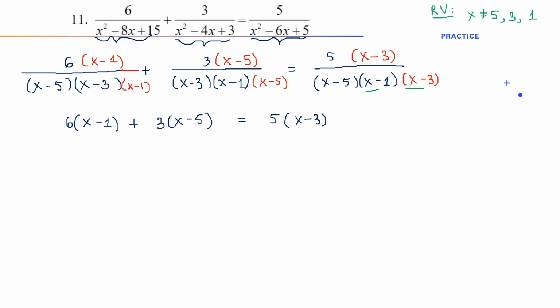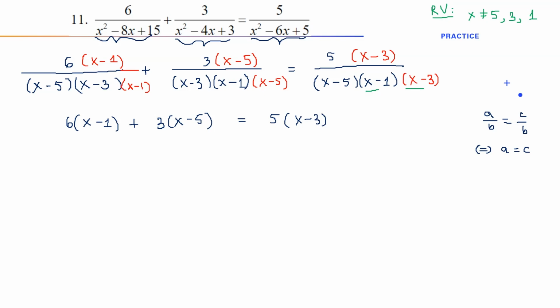Remember the fact I just said in the beginning is if we have A over B equals C over B, then we will have A equals C. The top will be equal if the denominator is the same. So I just rewrite the numerator. And now we can find it.